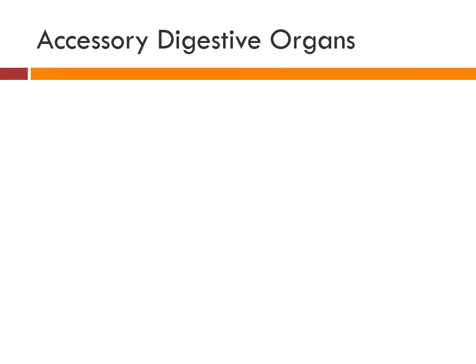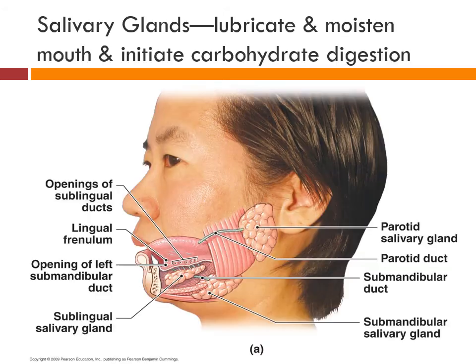So that is the main actual tubes of our digestive system, but there are multiple other things that we utilize that are accessory organs of digestion. First we have our salivary glands. They are lubricating the foods that we eat and moistening the mouth, and also initiating carbohydrate and fat digestion.